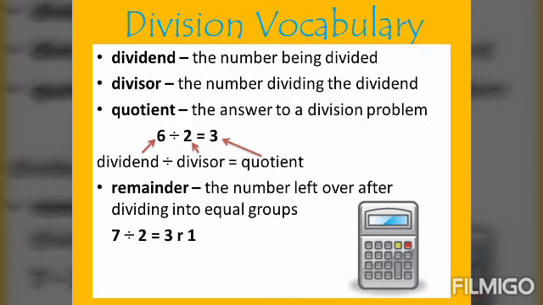Okay, in this part we have division vocabulary. So again, we have your dividend. Let us now define the word dividend. It says here that the dividend is the number being divided. The divisor is the number dividing the dividend.